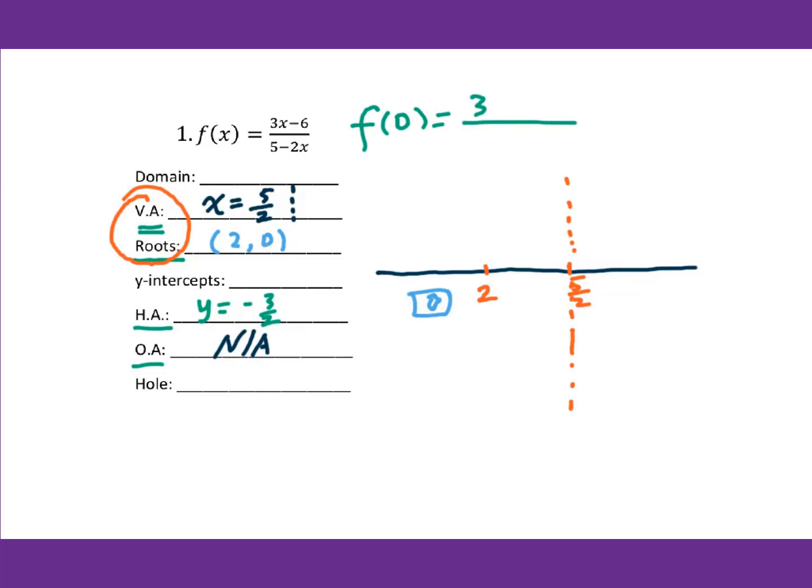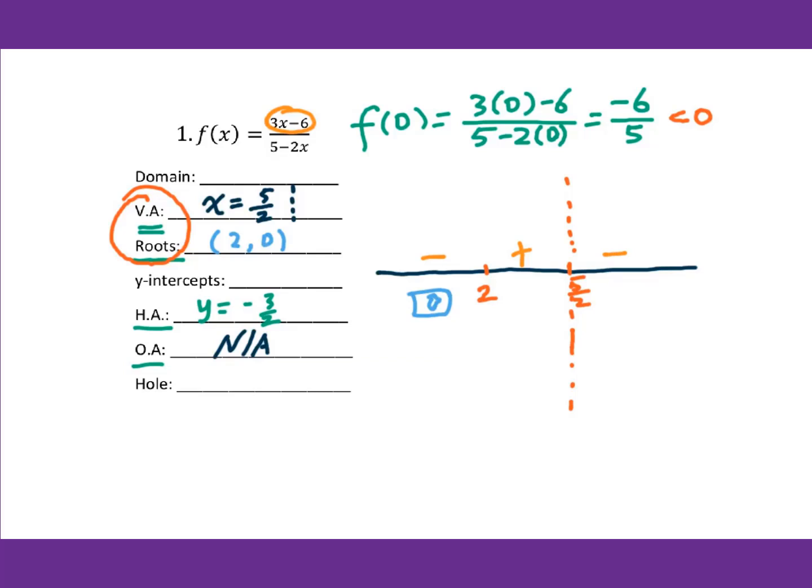You will get 3 times 0 minus 6 over 5 minus 2 times 0. This is a negative 6, this is a 5. It will be less than 0, so negative. We will label this as negative. For 2, it is a single factor, so it changes sign. 5 over 2 is still a single factor, and this is negative.